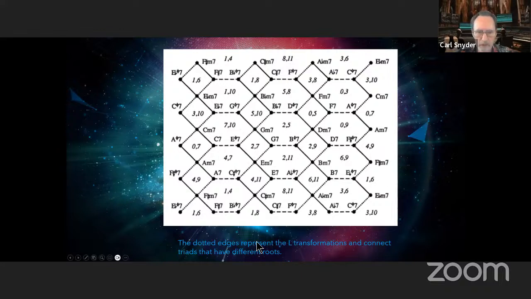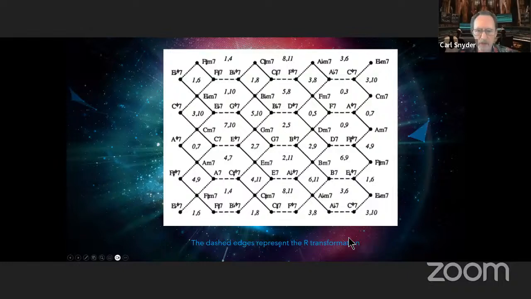The dotted edges represent the L transformations and connect triads that have different roots. So dotted, where's a nice easy example? G minor 7 to B flat 7. Yep. D minor 7 to F7. Yep. Leading tone transformations.